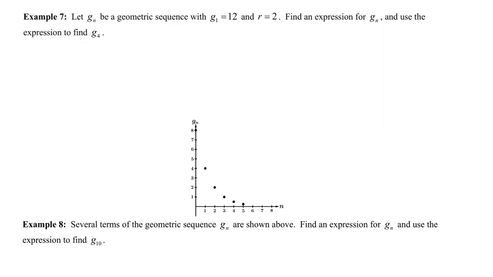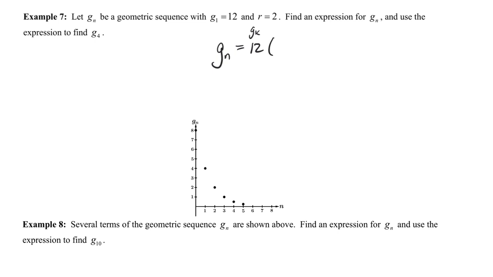All right, so here in 7, we're given g sub 1, and they're telling us we have a rate of 2, or a ratio of 2, and we want to find the expression for g sub n. All right, so we know that g sub n equals 12. Remember, this is supposed to be g sub k. So I know that my k is 1, and we're going to times r.